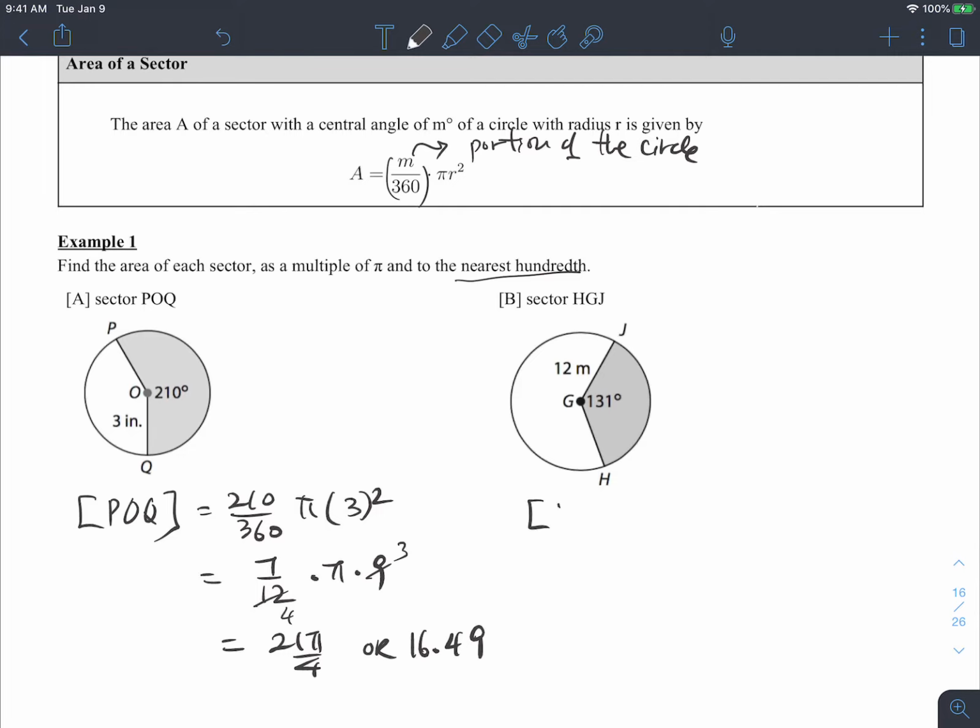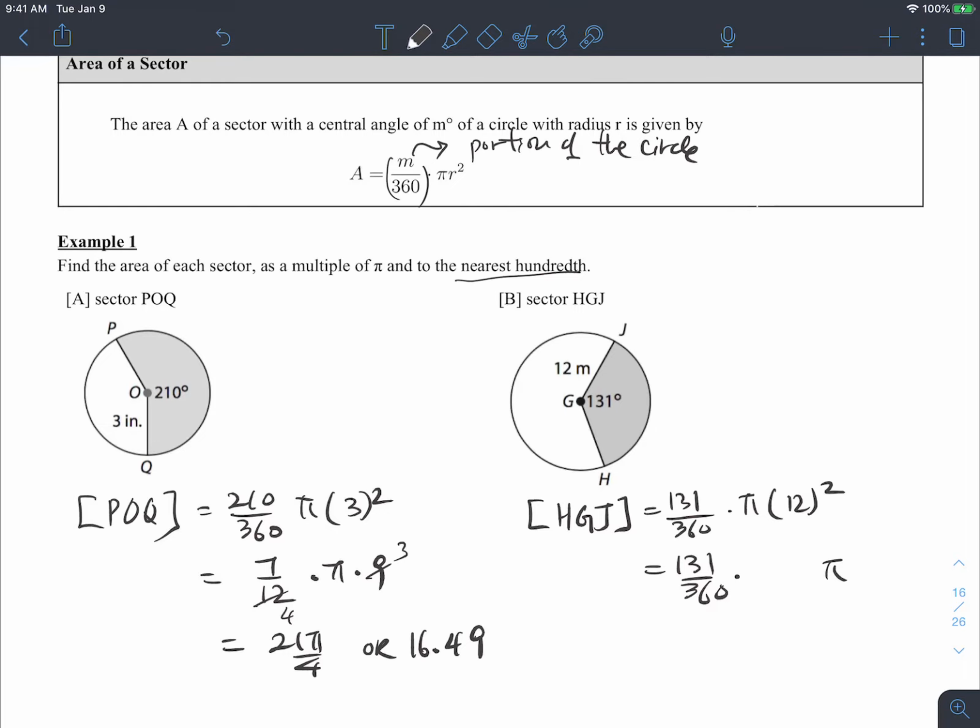The area of the sector HGJ is 131 degrees over 360 times pi times 12 squared. So that will give us 131 over 360. I'm going to swap the order in which I write the numbers, because that way it will be easier for us to cross cancel.